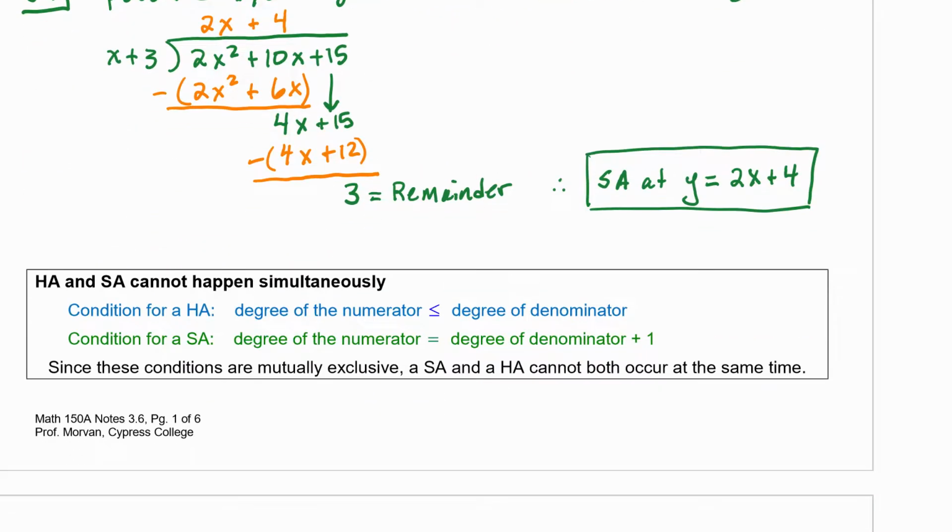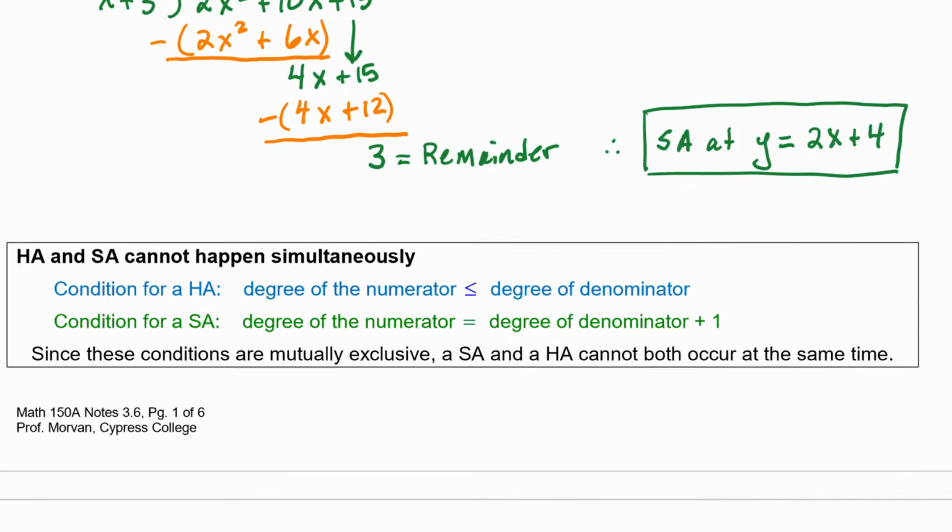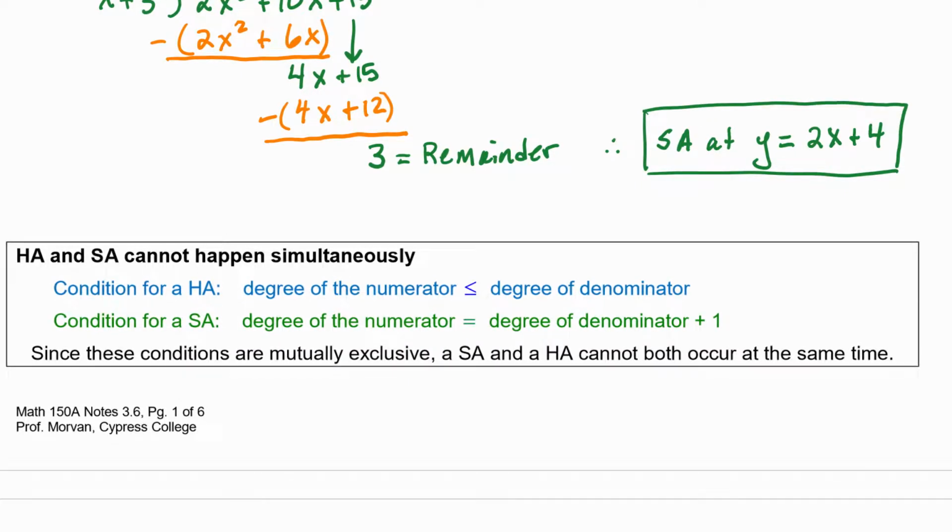Now, horizontal asymptotes and slant asymptotes cannot happen simultaneously, and that is because the conditions which must exist are mutually exclusive. So to get a horizontal asymptote, the degree of the numerator has to be less than or equal to the degree of the denominator, whereas the condition to get a slant asymptote is that the degree of the numerator must be greater than the degree of the denominator by 1.